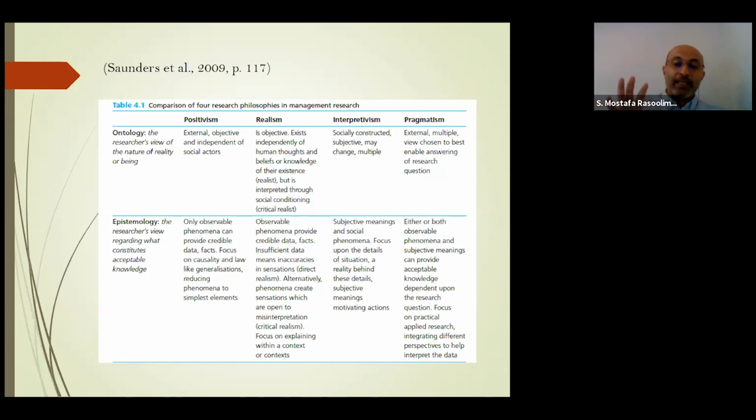Again, when you apply quantitative methods, your paradigm is not necessarily positivism. It can be realism or pragmatism, right? So this is the first layer of Saunders' onion for the quantitative research method.